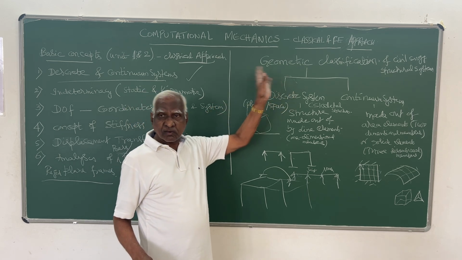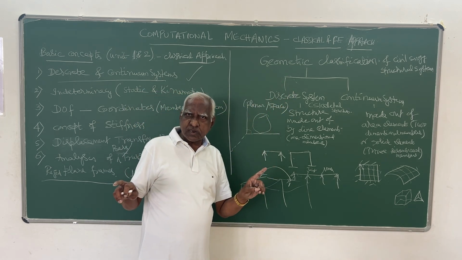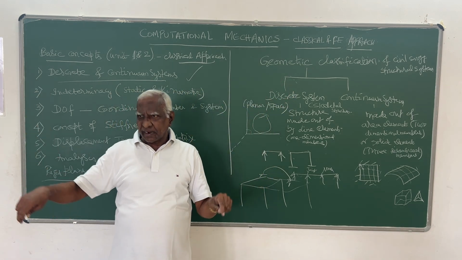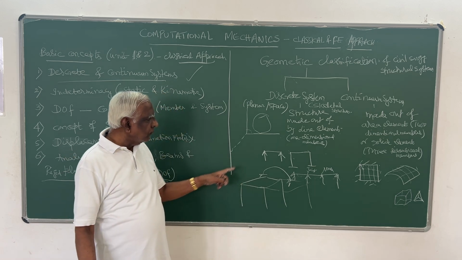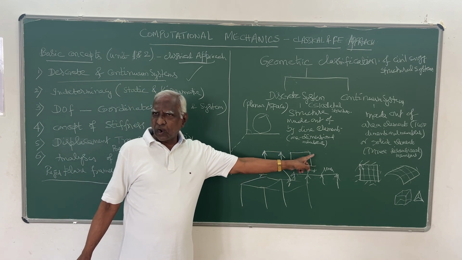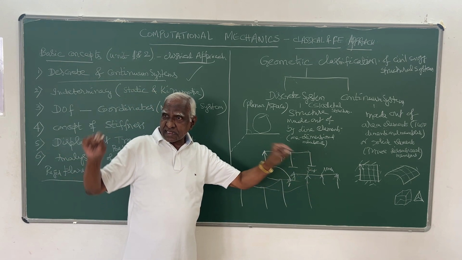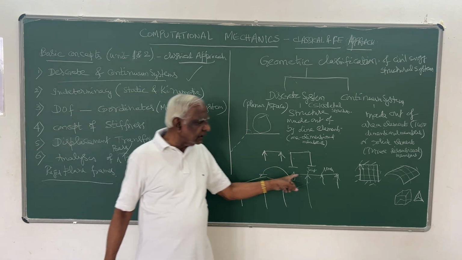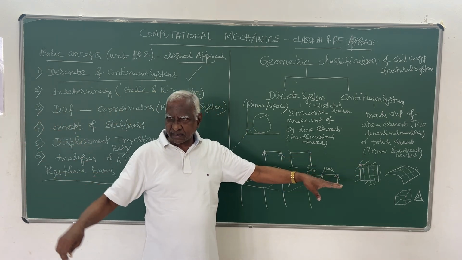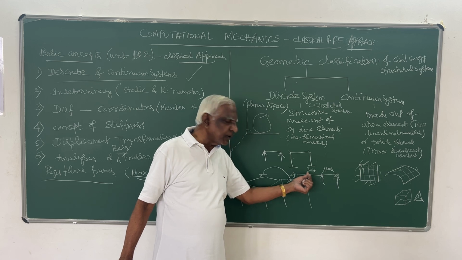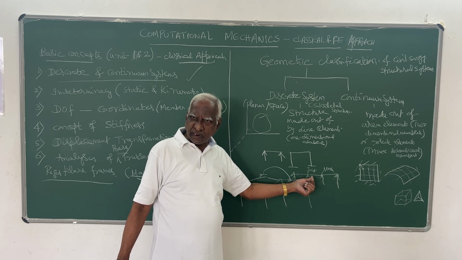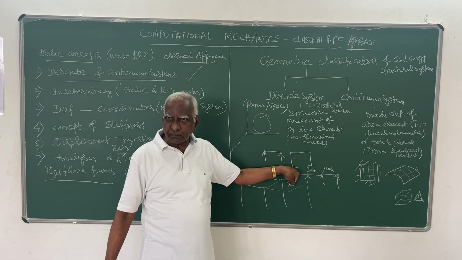During analysis of structures, all the loads we consider to act only at joints or nodes. That is the points where a number of elements are interconnected. The load corresponding to that particular influence, we consider only up to that particular point.